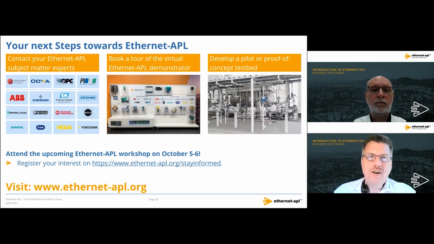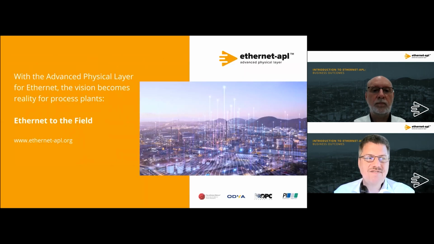Finally, we would like to invite you to our October event. On October 5 and 6, we will be conducting an educational series and have longer discussions than what we have available today. Thank you for listening. Thank you.